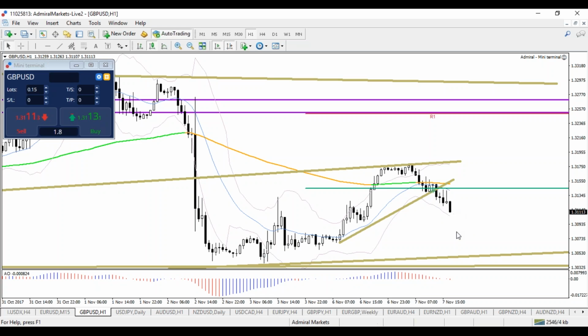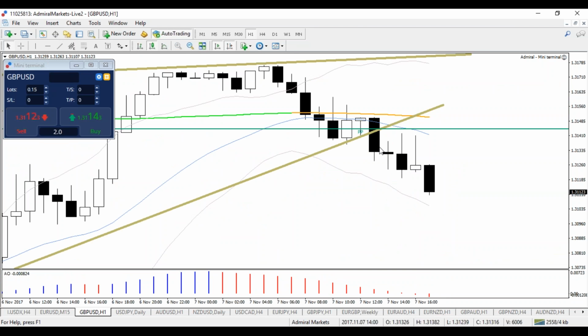So maybe the target of 130.75, for instance, could be good if you took this breakout right here. Break below the weekly pivot point. All right, so this too could be moved to break even. No, not yet. The stop loss could be moved to right above this top, I think. Very close to break even.